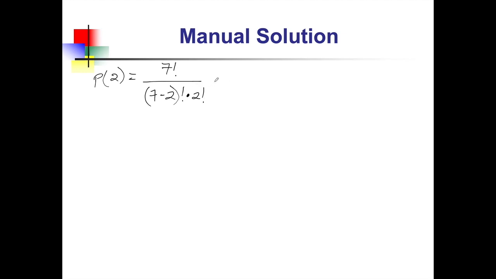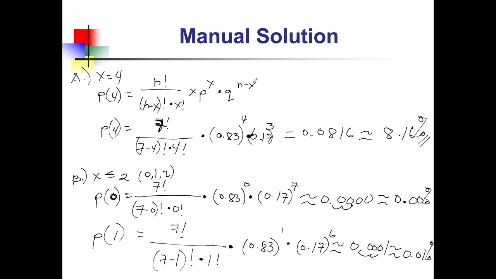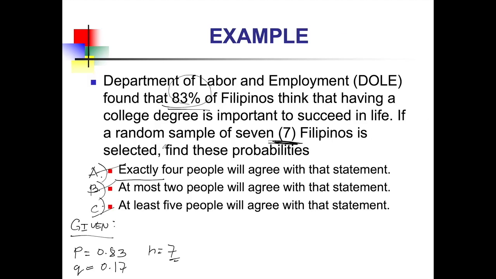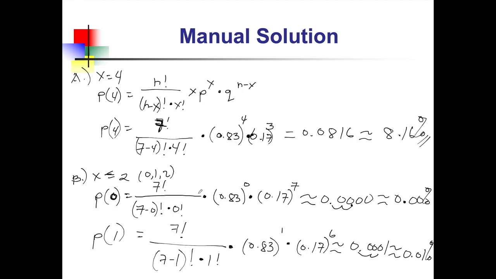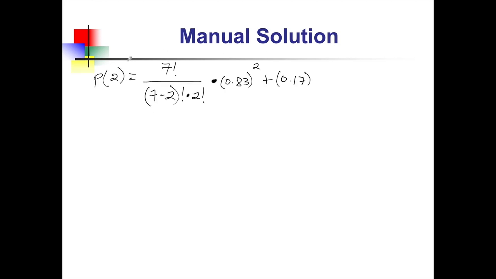Ito pareho, factorial. 2 factorial. Now, then multiply natin ito sa ating p, then raised to x, which is 0.83. So, let's have here 0.83 raised to x, which is 2, multiplied to our q, 0.17 raised to n minus x, which is 7 minus 2.